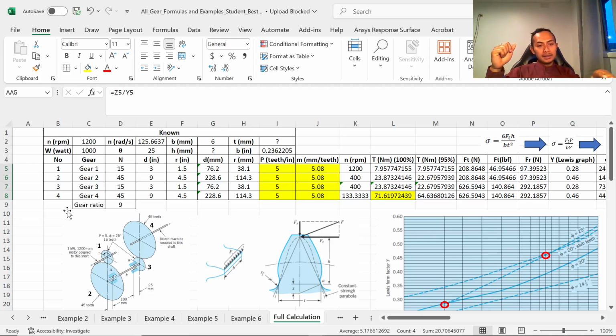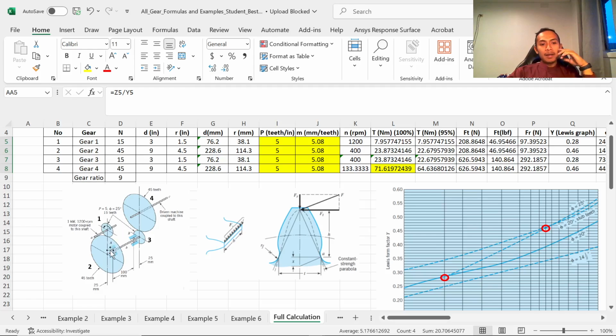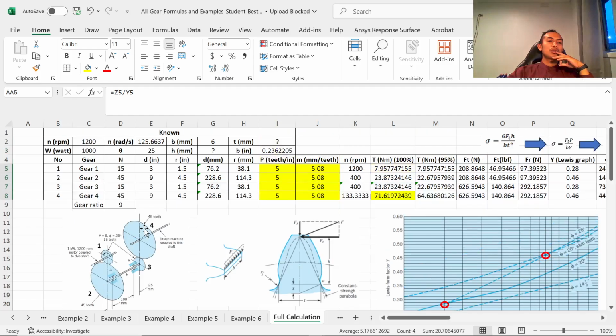For example, I have a two-stage gearbox. This one is the first stage and this one is the second stage. The gear ratio means we can increase the torque 9 times or the speed 9 times, depending on your application. For example, I want a reducer gearbox.